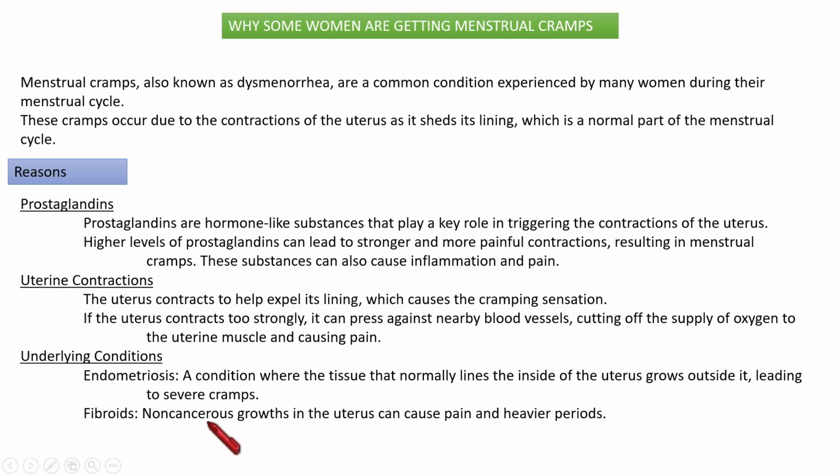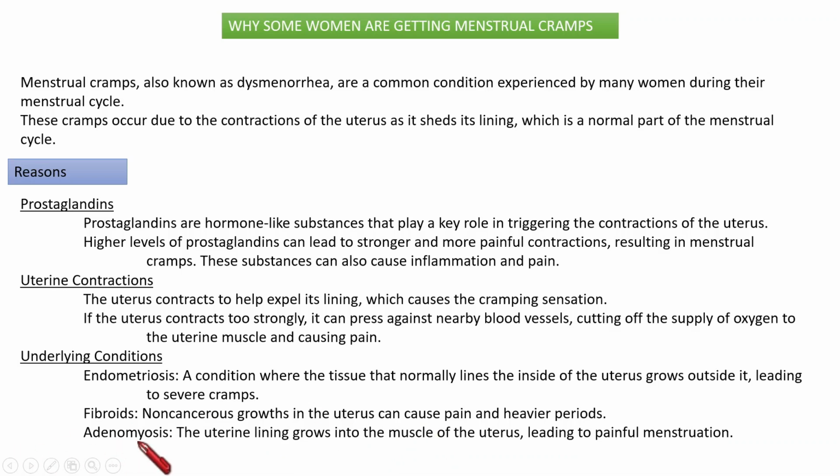Then fibroids, non-cancerous growths in the uterus, can also cause pain and heavier periods. Adenomyosis is also an abnormal condition where the endometrial tissue appears in the uterine muscular wall inside the uterus. That also leads to painful menstruation.